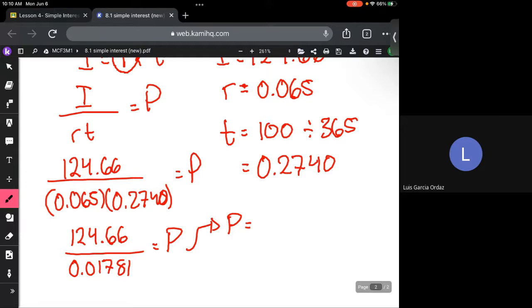Should be bigger than that. 124.66 divided by 0.017 is 6,999.44. So therefore, the principal was $6,999.44.